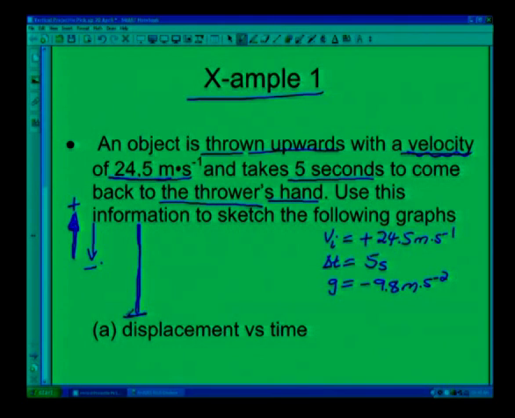So the position-time graph is such that you have a change in position going up, then a change in position coming down, and then back to the zero point of your displacement.